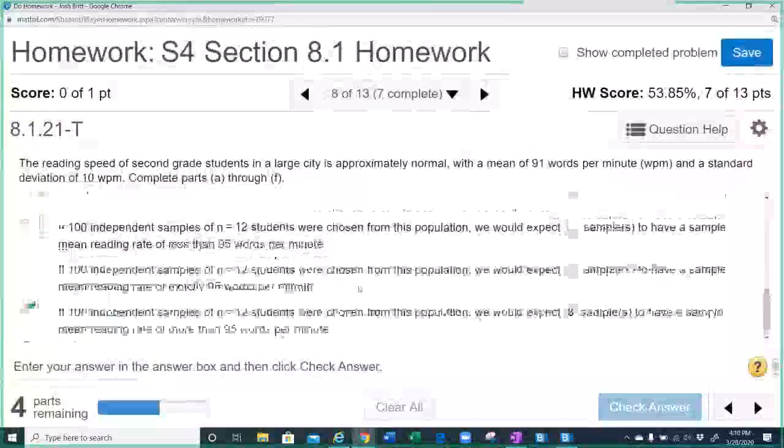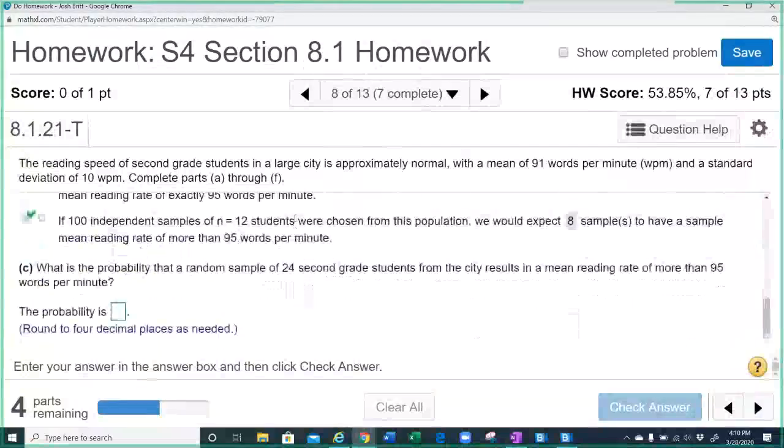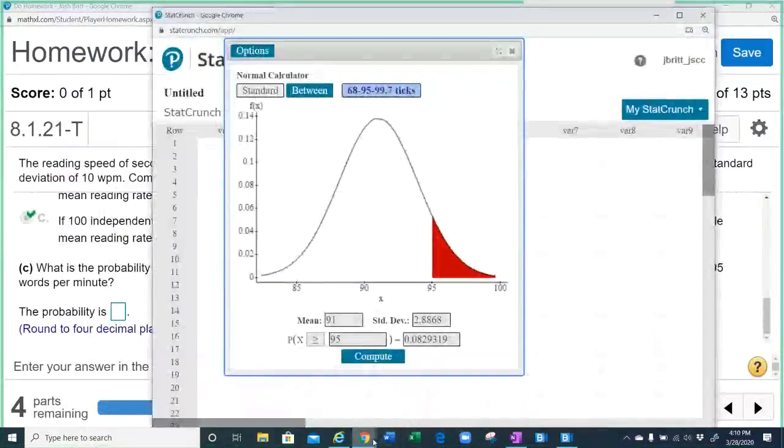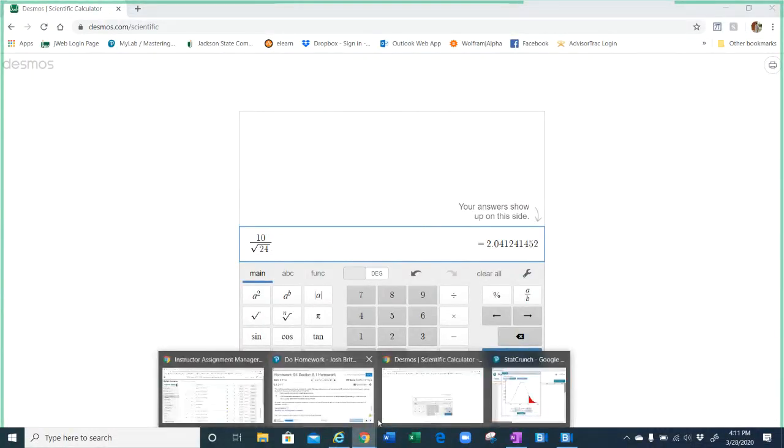All right, so now we changed the sample size from 12 to 24. When we do that, remember you've got to get a new standard deviation. So the new standard deviation will be 10 divided by square root 24, which gives me 2.0412. So I'll go over here and type that in.